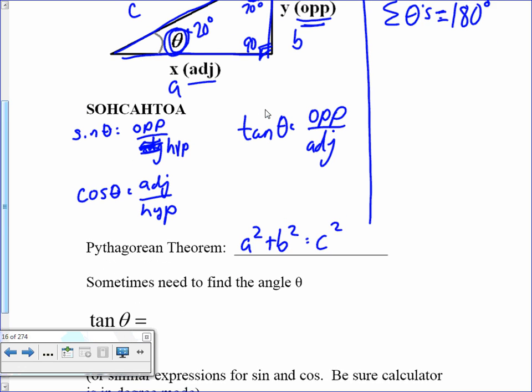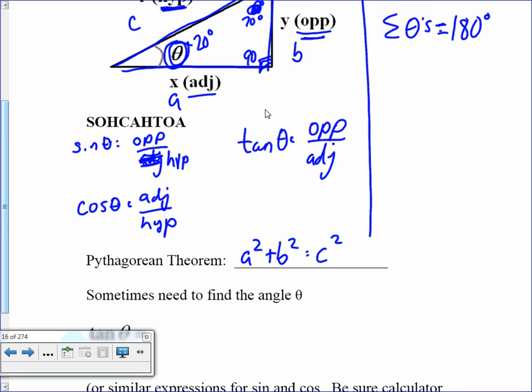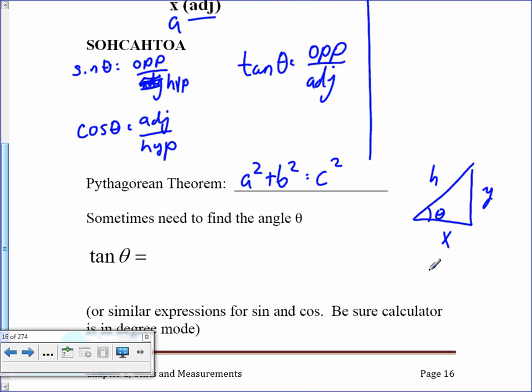Sometimes you'll need to find the angle theta, so you'll have particular sides of that triangle. Like you'll have theta, and then you'll need to know y, x, and the hypotenuse. So we say the tangent of the angle theta, TOA, opposite over adjacent, that's y over x.